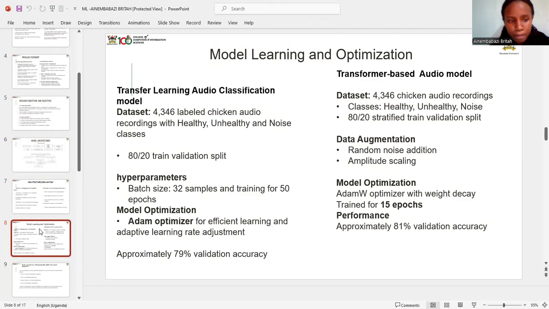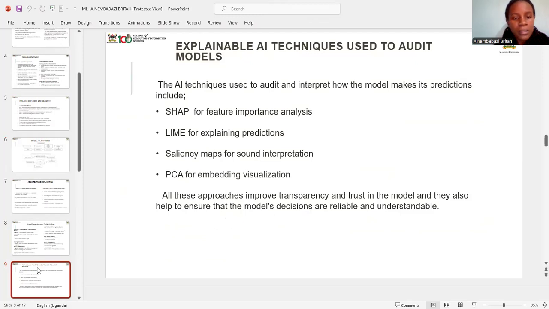The training also involved 15 epochs, and that model obtained an approximate accuracy of 81%. I'm now going to the next slide, which is about the explainable AI techniques that are used to audit the models.